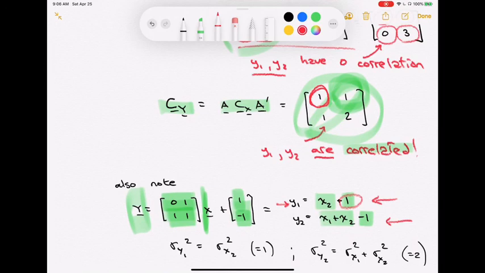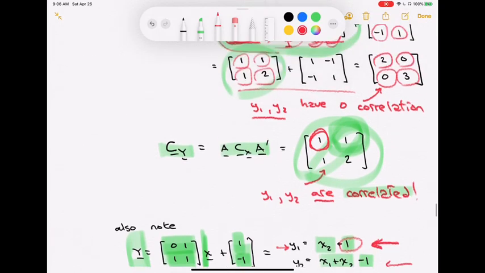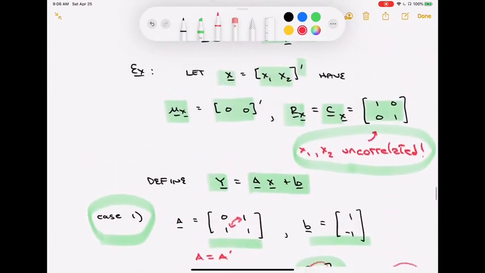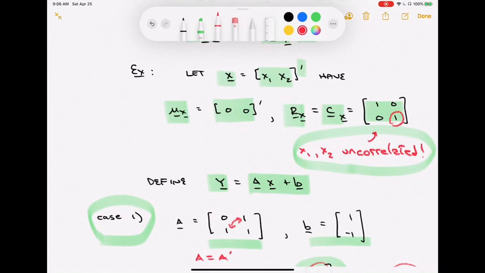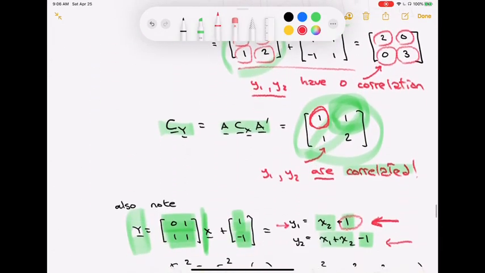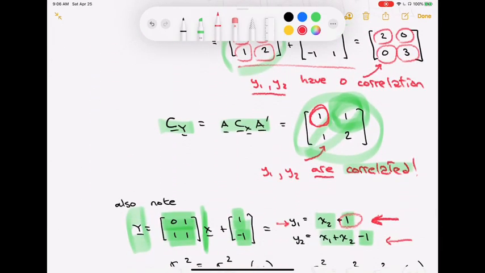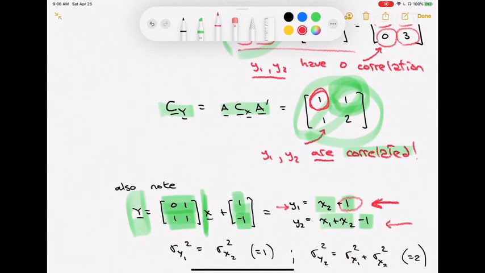So the first element on the diagonal is the variance of y1, which is the same as the variance of x2, which was 1. If we go back up to the covariance matrix of x, x2 had a variance equal to 1. So we can see where that first element of the covariance of y comes from.